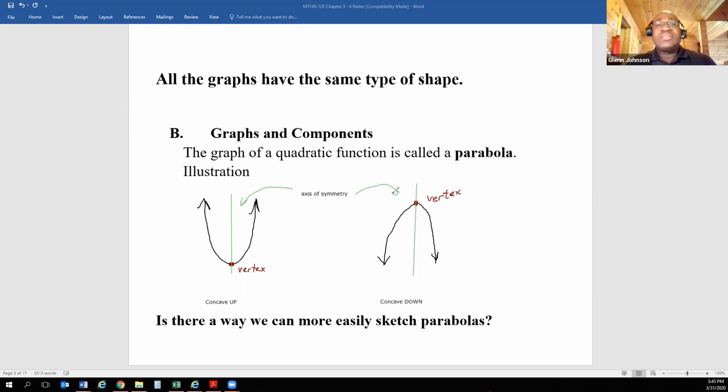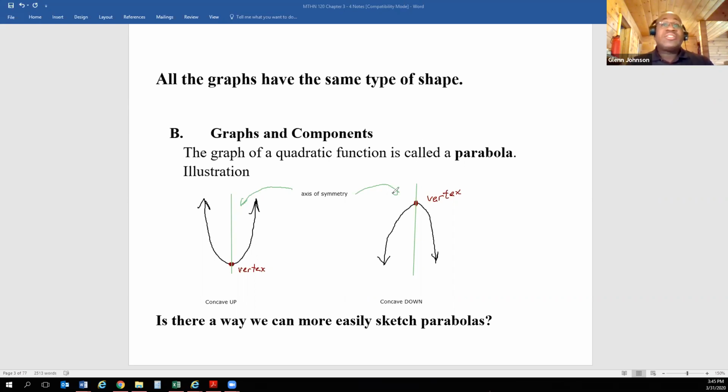And much of it comes down to these basic characteristics of the graphs of quadratic functions, of parabolas. If you recall from linear functions, remember a linear function has a graph that's a straight line. And as long as you know the slope of the line and the y-intercept, you're able to graph the line. You can do it very easily.